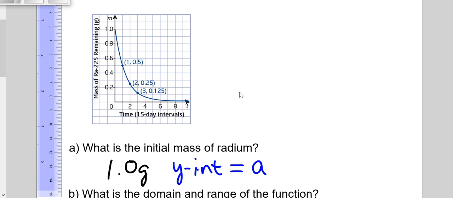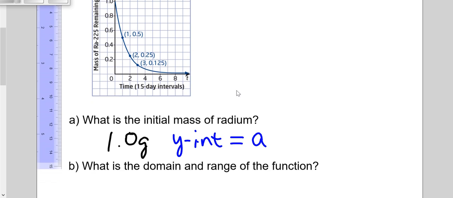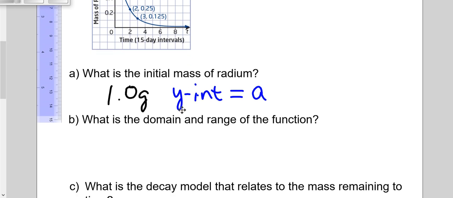Now let's look at question B. What is the domain and range of the function? So I hope this is a review for you. Domain means the x stuff, the horizontal stuff. So if you look at this graph here, it goes from 0 all the way to infinity. All right, so in this case, for the domain, let's use the full notation.